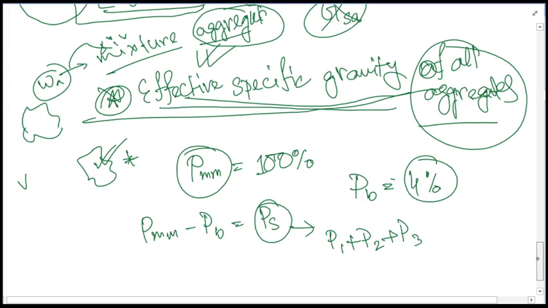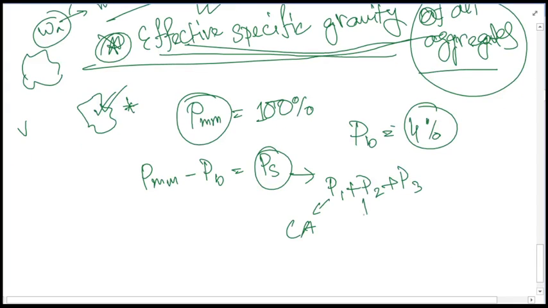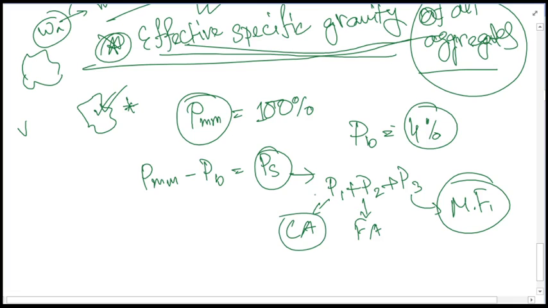So if we use three types of aggregates, coarse aggregate, fine aggregates, and the filler within the pores after the coarse and fine aggregates have been placed, then also we can use, for coarse aggregate, we can further divide this P1 into different portions as well. But in our case we'll be designating the coarse aggregate individually. All the aggregate sizes in the range will be called the coarse aggregate, this will be the fine aggregate, and this will be MF.